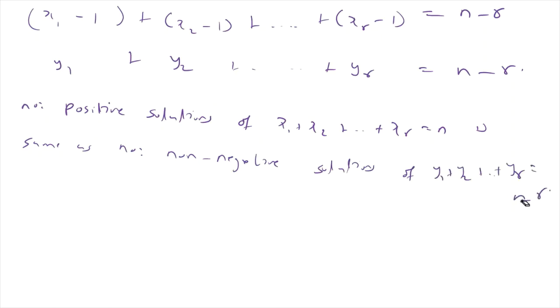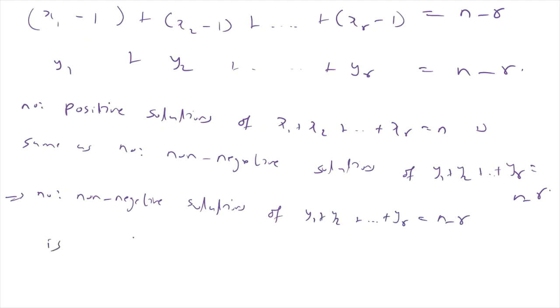And the answer for this one, the number of non-negative solutions of y1 plus y2 plus so on up to yr is equal to n minus r, is n minus r plus r minus 1 choose r minus 1, which is equal to n minus 1 choose r minus 1.